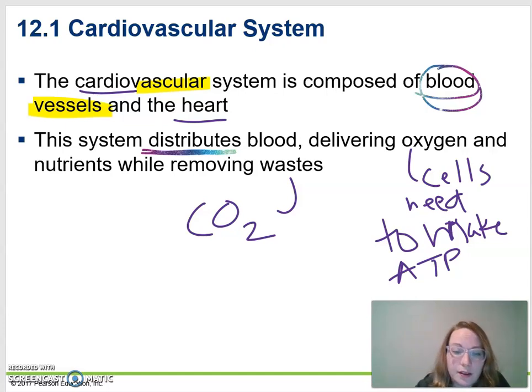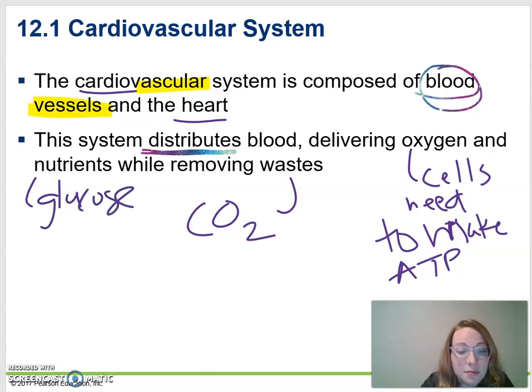So we bring in things the cells need: oxygen, nutrients like glucose, also to make ATP, and then the building blocks of our big structures, our carbohydrates, our complex molecules, amino acids to build proteins.